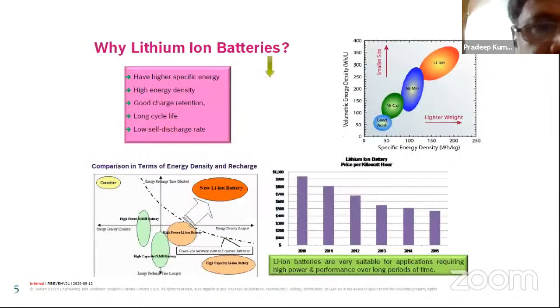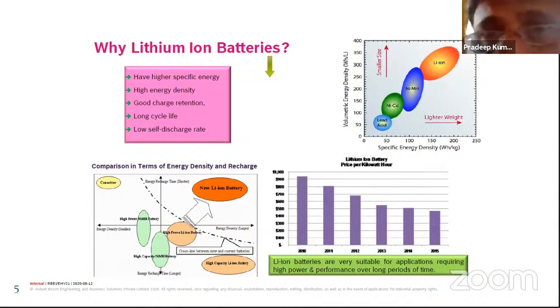So I'm changing the slide now. Let us go into a little more detail on lithium ion. The requirement for a lithium ion battery is that it should have very high specific energy and high energy density.